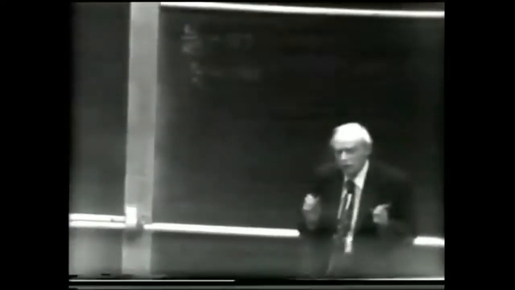Now there's another one of these dimensionless numbers, which I would like to call to your attention. Take the electron and the proton in the hydrogen atom and consider the ratio of the electric force between them to the gravitational force. These forces are both inversely proportional to the square of the distance.